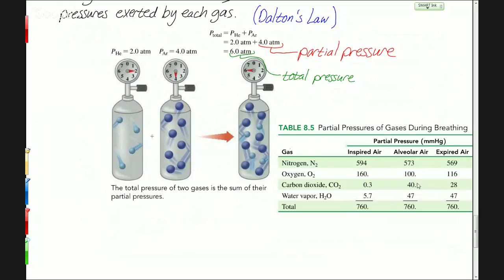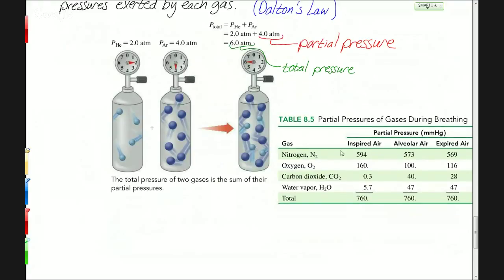And then the air that actually comes out after that exchange is then 116. So that represents the difference in oxygen that happens when you're breathing. And what makes up for that difference? Well, primarily the waste products, carbon dioxide and water, that are coming out after your body uses the oxygen.